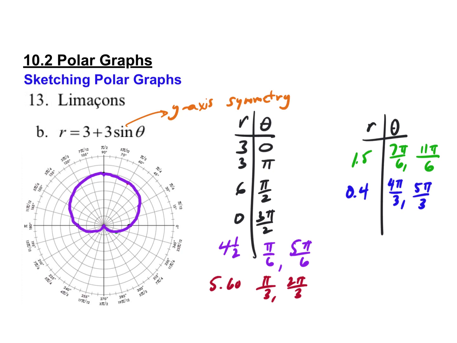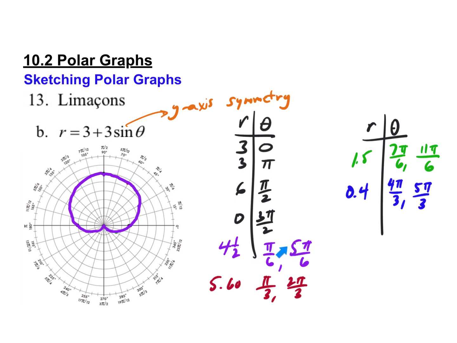These points all came from, I wanted to use 30s and 60s, versions of 30s and 60s. So I wanted to use versions of pi over 6s and versions of pi over 3s. And so when I started off originally, I just started with the one that would make this 1/2. That's how I came up with the pi over 6 and the 5 pi over 6.